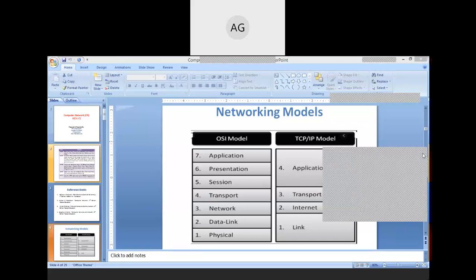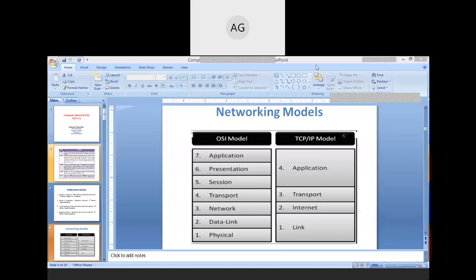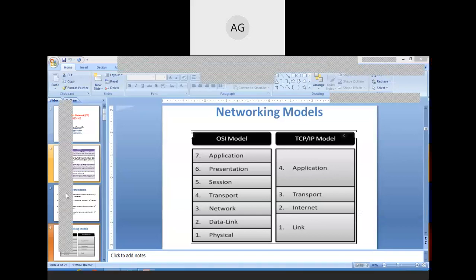Okay. So let's start with this subject. As you can see on your screen, computer networks are based on two models. The first model is the OSI model, and the second model is the TCP/IP model.